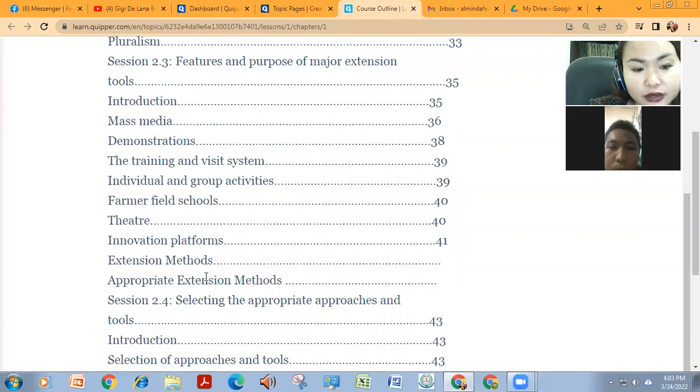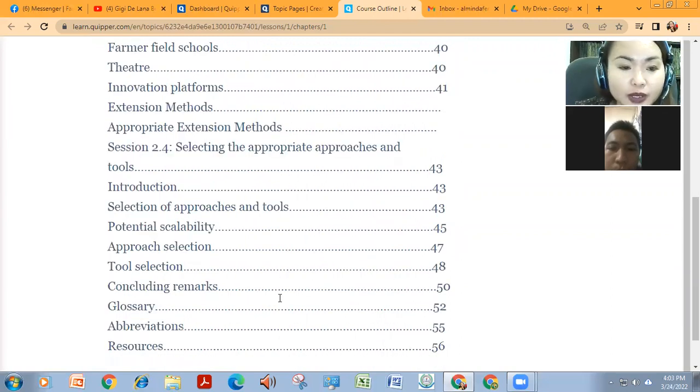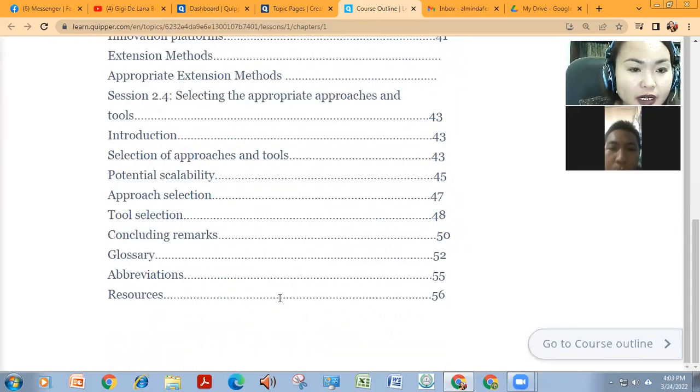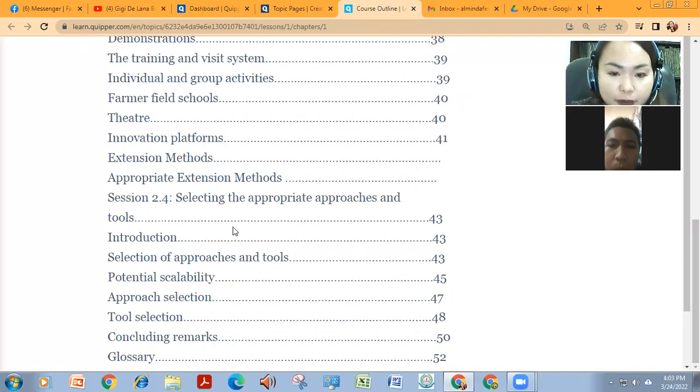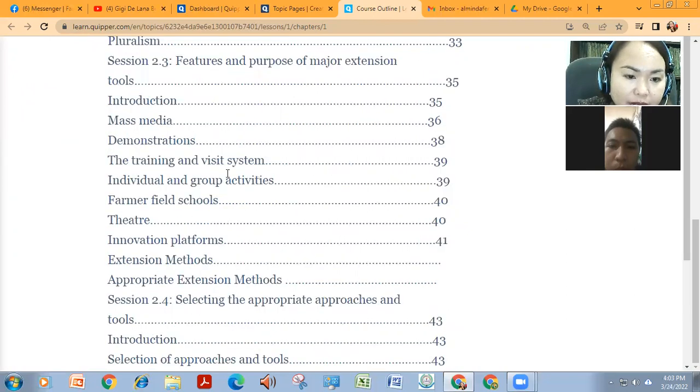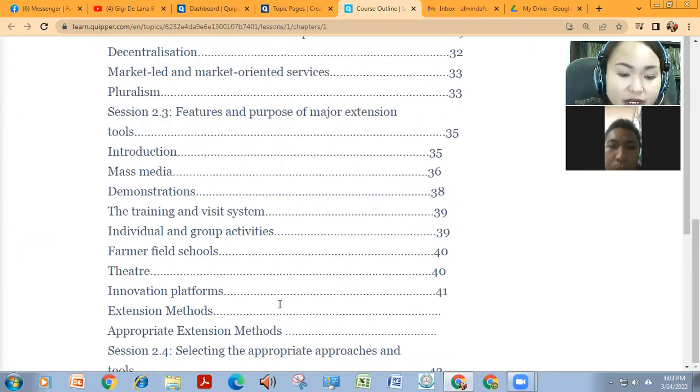And another session is selecting the appropriate approaches and tools. So this part here are actually extension methods. Selecting appropriate approaches and tools are final, and then midterm and prelim are extension methods and appropriate extension methods.